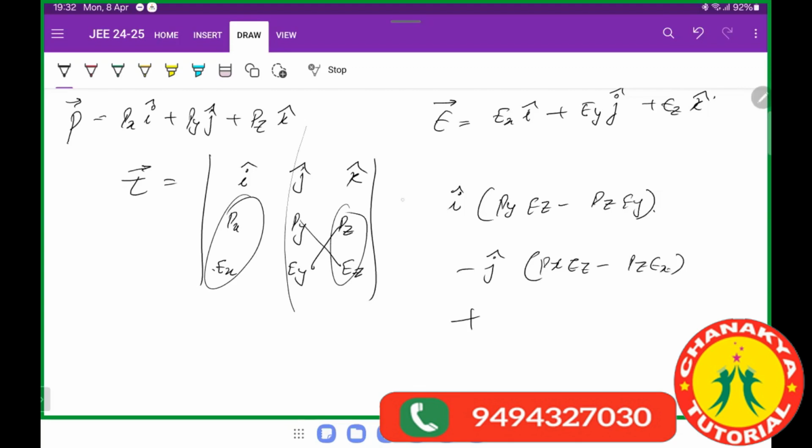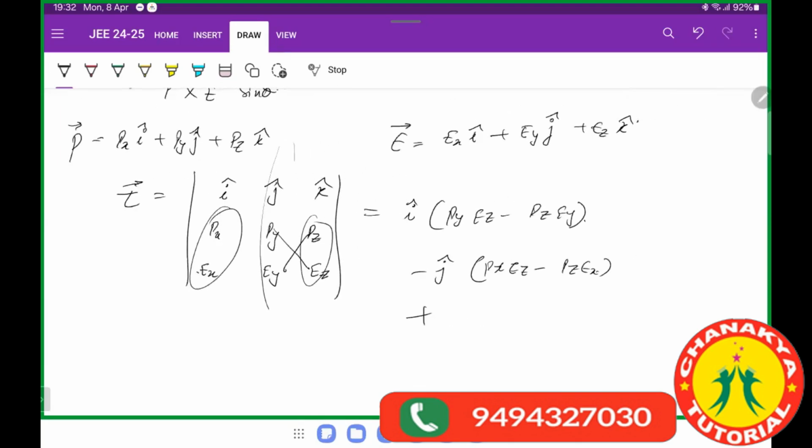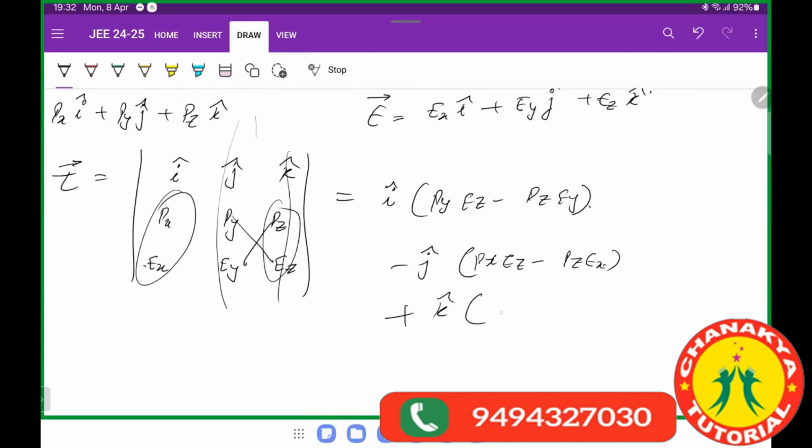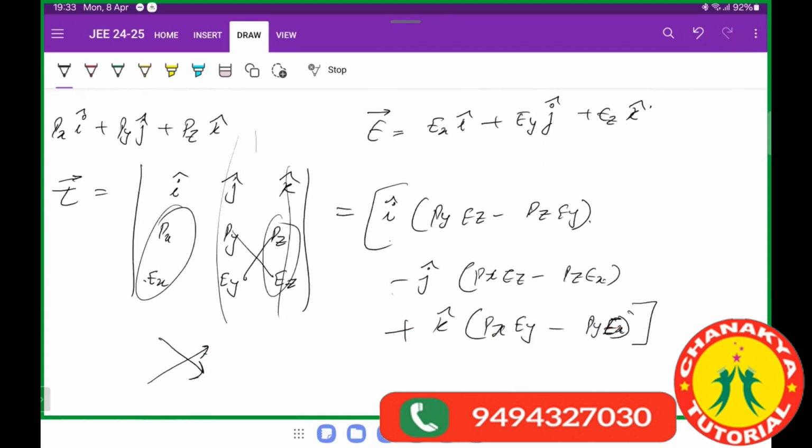Plus k, last one: PxEy minus PyEx. What I did here is this side minus this one. So first plus, second minus, third plus. This is the easiest way to solve it if it is 3. If it is 1 or 2, there is no need to do anything like that.